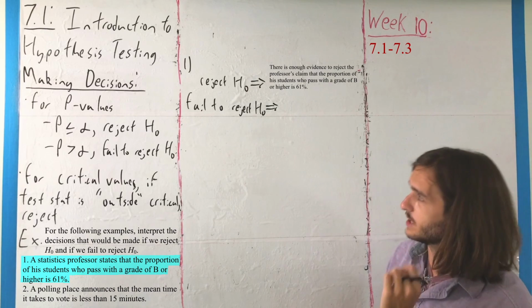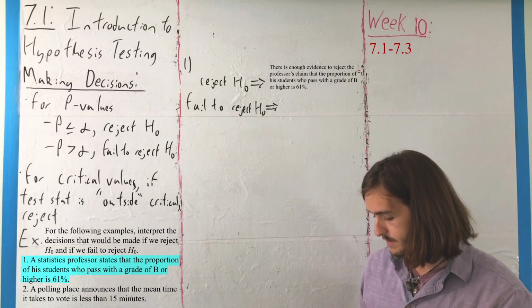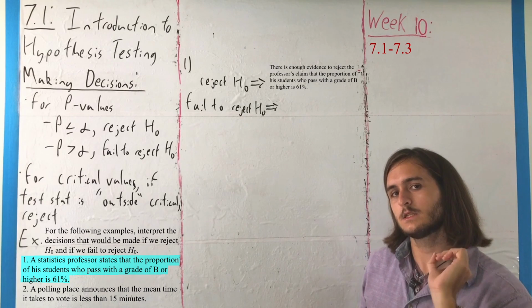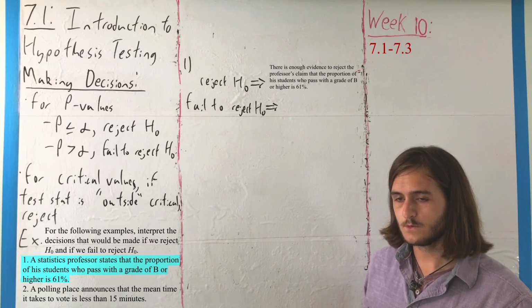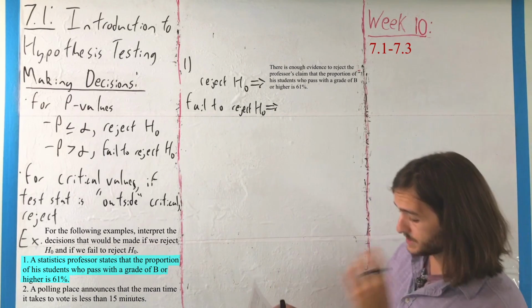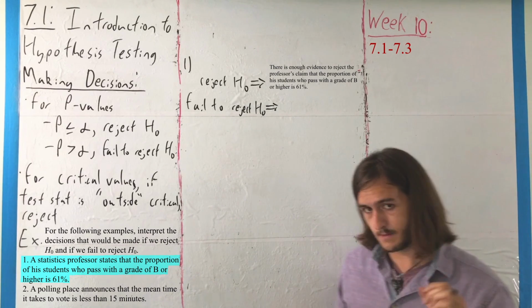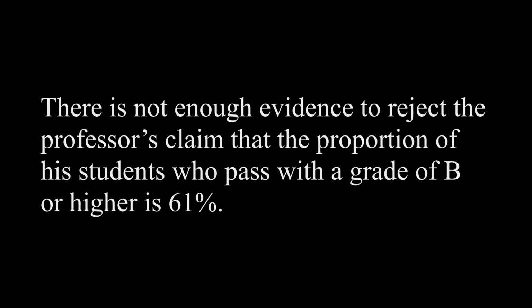If we fail to reject the null hypothesis and we go back to saying that our claim is that the proportion is 61%, then we are failing to reject our claim. And as a result, we would say something to the effect of, there is not enough evidence to reject the professor's claim that the proportion of his students who pass with a grade of B or higher is 61%.